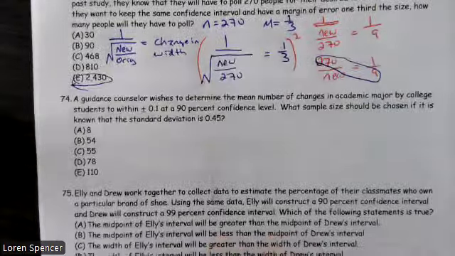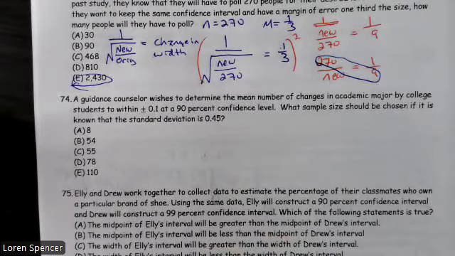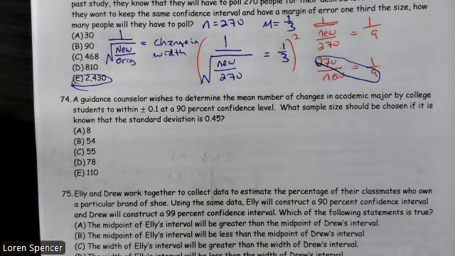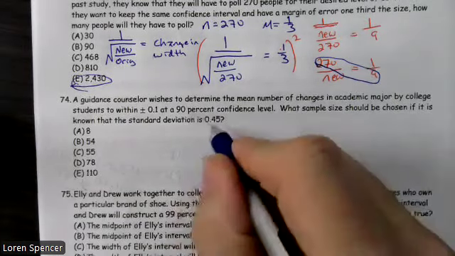74. A guidance counselor wishes to determine the mean number of changes in academic majors by college students to be within plus or minus 0.1 at a 90% confidence interval. What sample size should be chosen if the standard deviation is known to be 0.45?